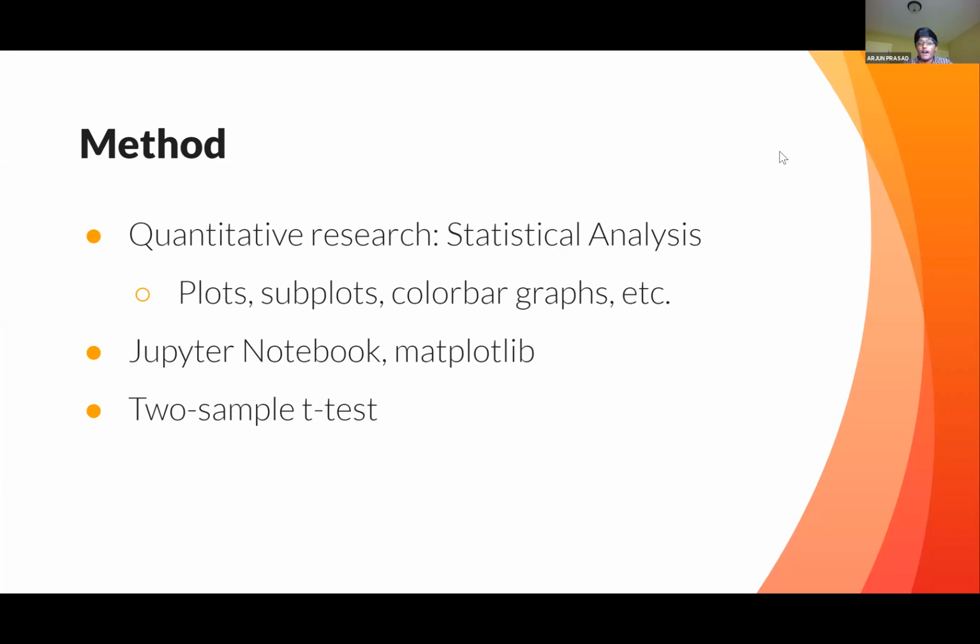So for my method, I basically used a quantitative research process, and I used statistical analysis. This included creating plots, subplots, color bar graphs, and more models. And I mainly did this in the integrated development environment, or the IDE called Jupyter Notebook. And the statistical modeling library that I imported in order to do this is called Matplotlib, which was very important for creating these models.